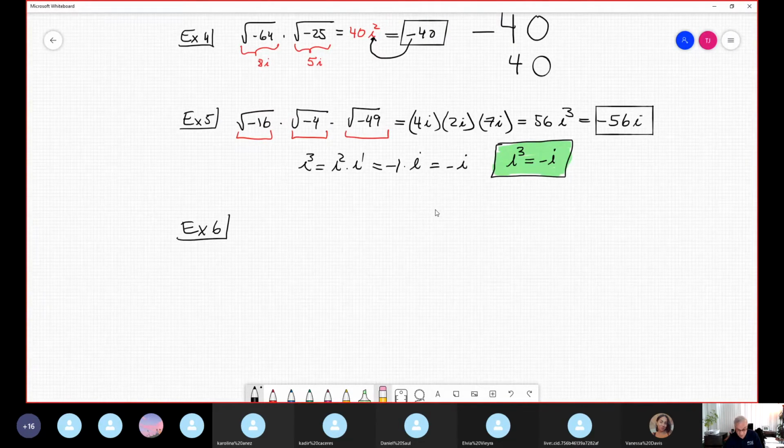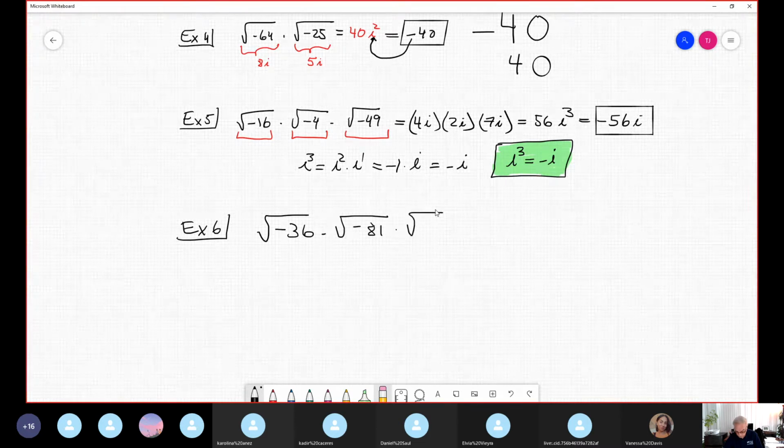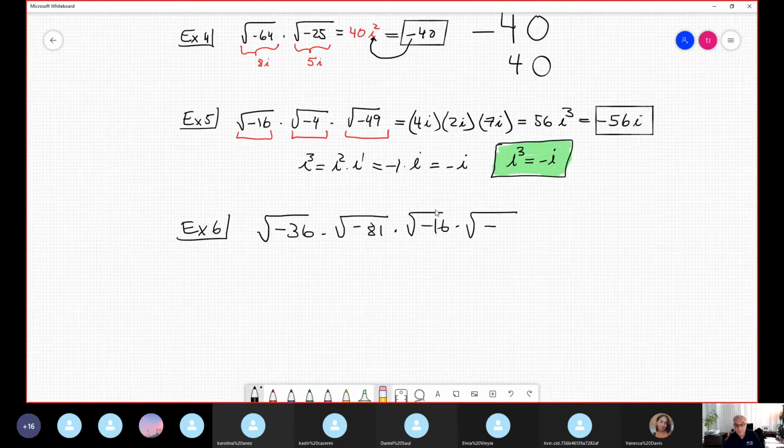Let me complicate it a little bit. Square root of negative 36 times square root of negative 81 times square root of negative 16 times, wow, too long, square root of negative 9. And we compute separately, one by one. This is 6i, multiplication, this is 9i.